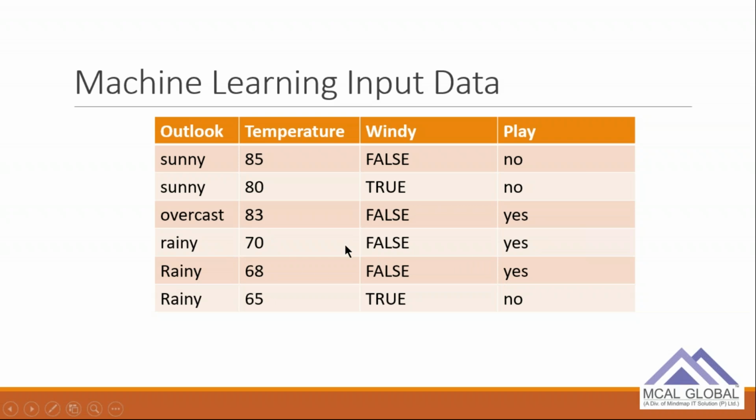So you want to predict whether you want to go and play or not. If someone asks you if it is rainy, the temperature is 70 and windy is false, you simply have an answer here. Yes, I'll go to play, because I already know from my past experience. But the challenge will come when you see a temperature which is not in your database, or an outlook which is not in your database. That's when the challenge of machine learning comes. Is this part clear?